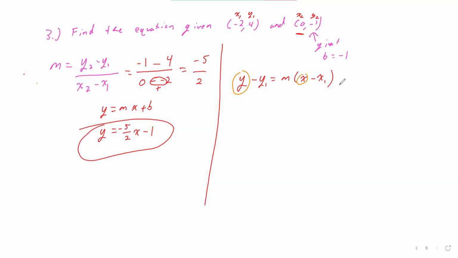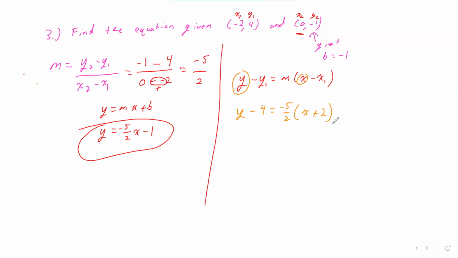We only replace the other three. So this will become y minus, what's my y1? 4. What's the slope I just calculated? Parentheses, x minus, what's my x1? And so a minus negative would produce a positive 2.